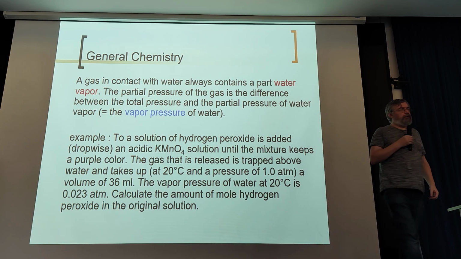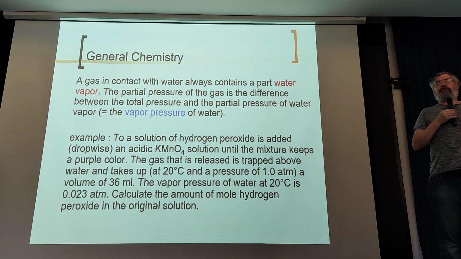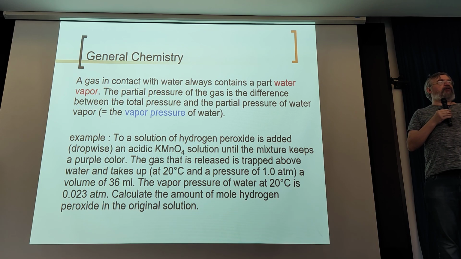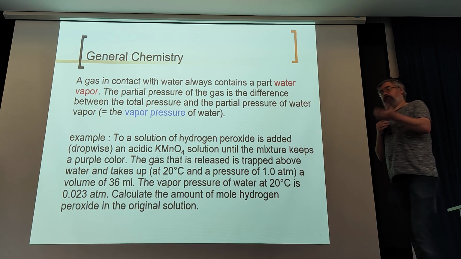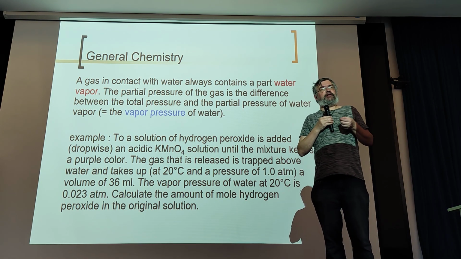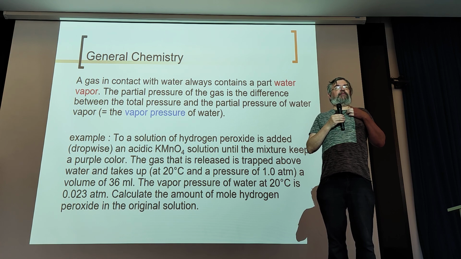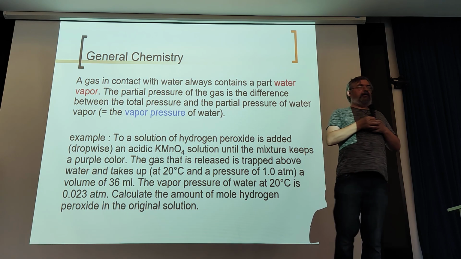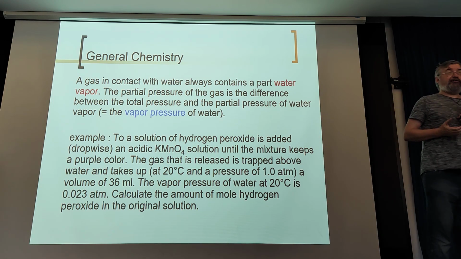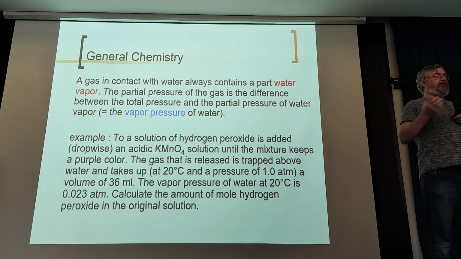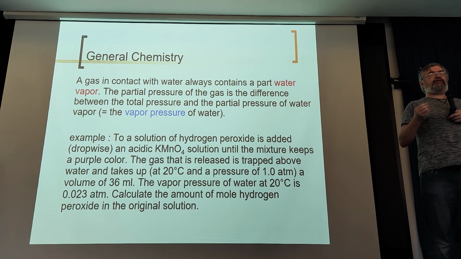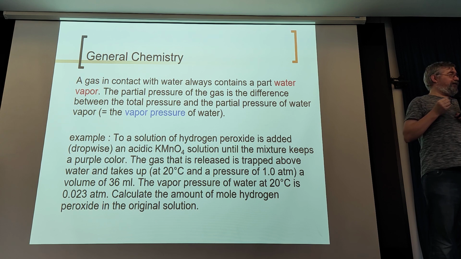For instance, here I thought that air is oxygen and nitrogen, but especially in Vietnam, and I think in this room, the air can also be very humid. What does it mean, humid? It means that air also contains water.